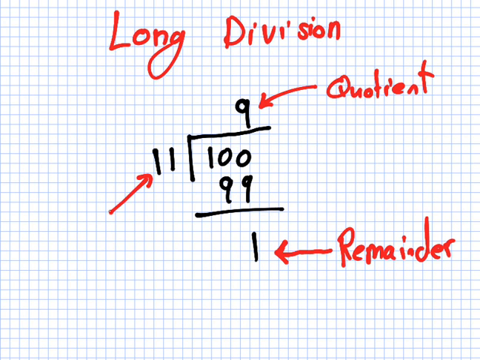And this one has a name as well. What's the verb here? What is the 11 doing? It's dividing. So I want the noun for dividing. You're all very close. Not divider, not division.